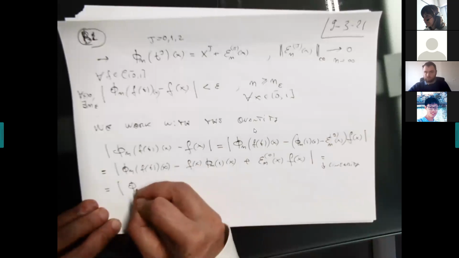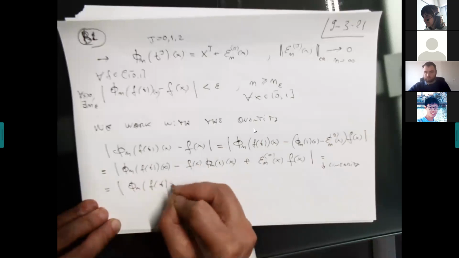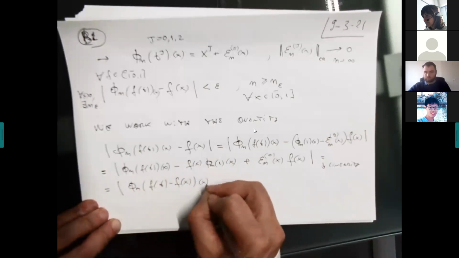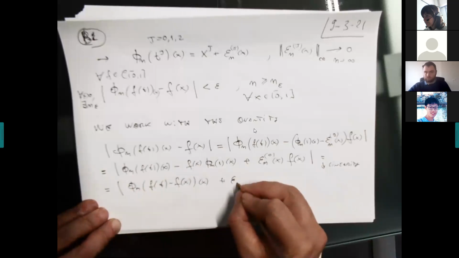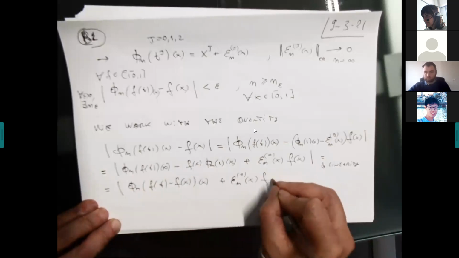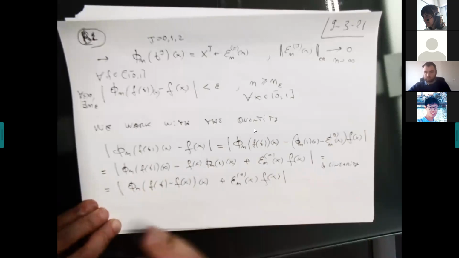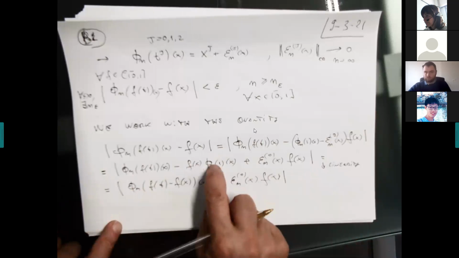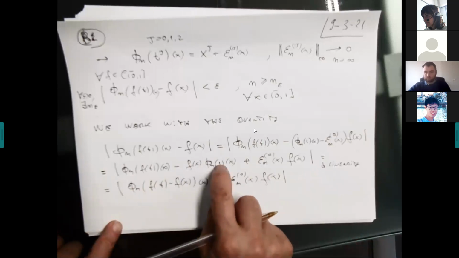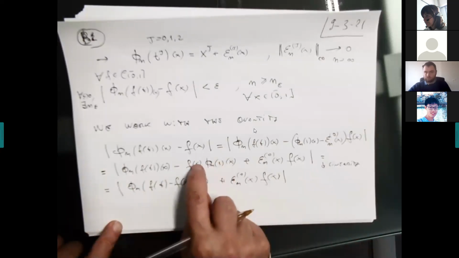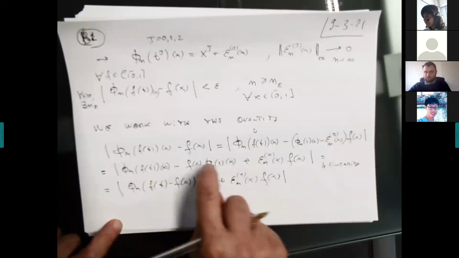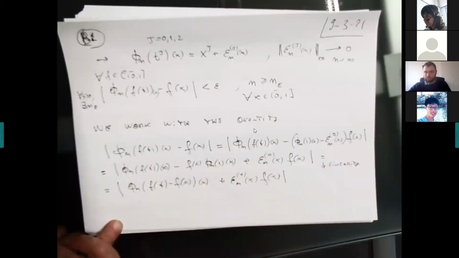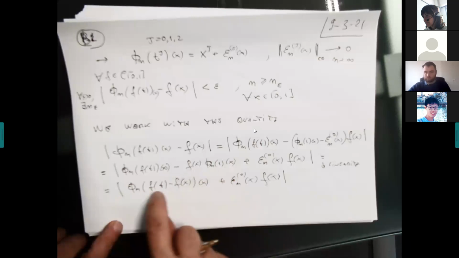So this is phi n of f of t minus f of x, x plus epsilon n 0, x times f of x. By the way, think to this as integral. If you have an integral of something multiplied by a function on x, you can put the function of x in the integral. Okay, this is not something crazy. You can do, and we have done here.